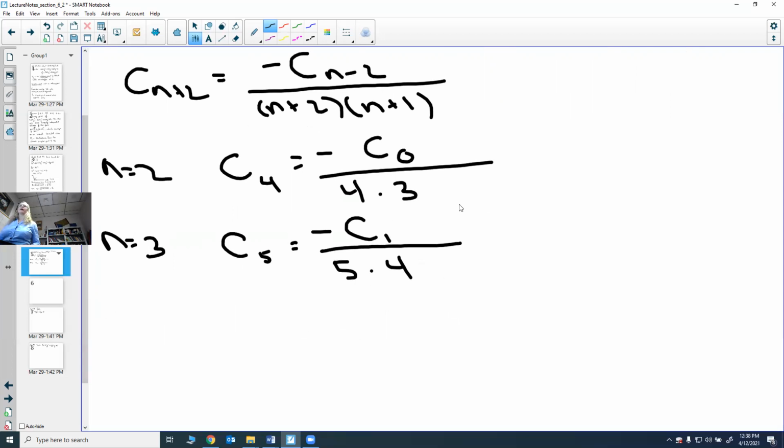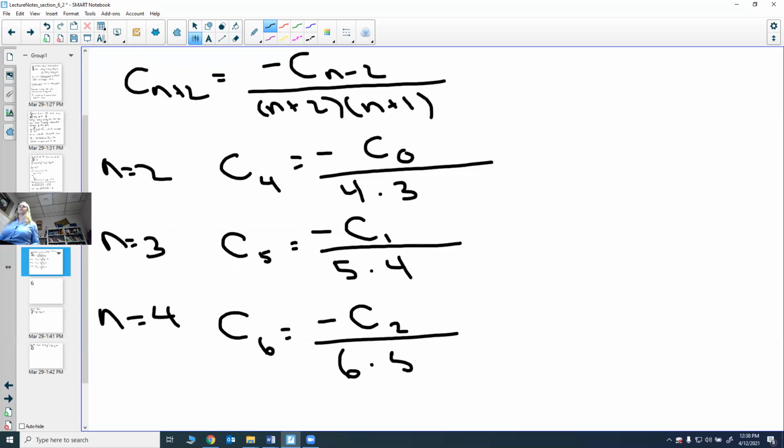I don't know them, but if I knew them, I could find those. You can find them, by the way, if you have an initial value problem, but we don't have one. Let's let n equal 4. That would be c sub 6, minus c sub 4 minus 2, which is c sub 2, over 4 plus 2, which is 6, times 4 plus 1, which is 5.